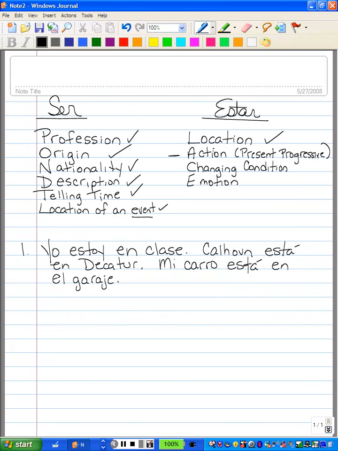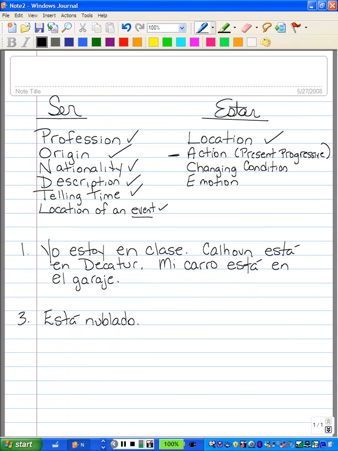Okay, we're going to skip the present progressive for a minute. Okay, go down to changing condition. Changing conditions can be weather expressions. Like if you say it's cloudy. It's cloudy is está nublado.